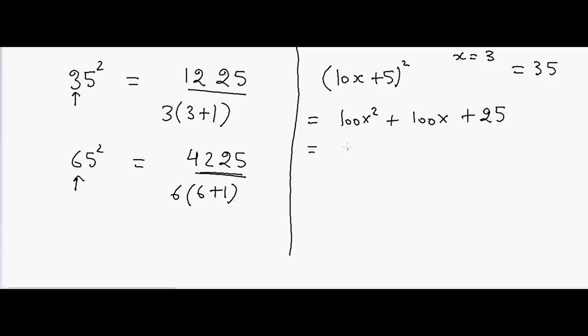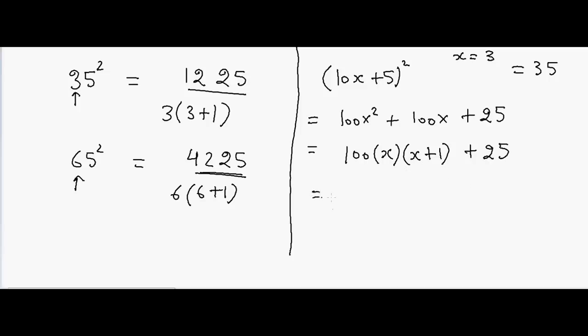If we solve this, that will be equal to 100 into x into x plus 1 plus 25. As you can see, we are taking the first digit and multiplying it by the next number, multiplying it by 100, and then adding 25.